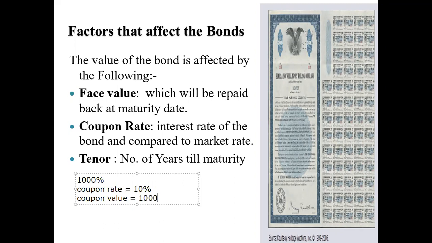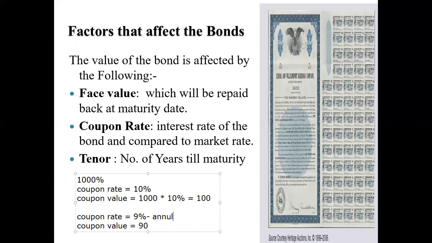It is the 1,000 times the 10%, then it is 100. If the coupon rate is equal to 9%, this means that the coupon value will be how much? It will be 90. And pay attention, this is what we call annual.